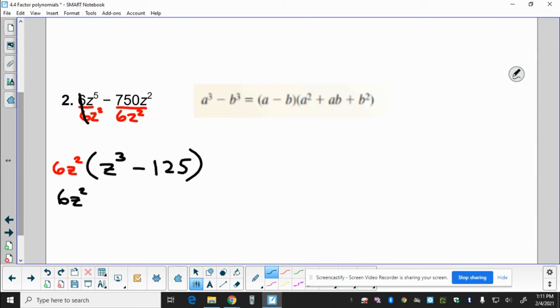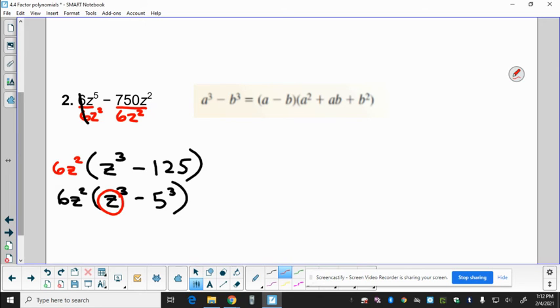That's got nothing to do with the factoring formula. But we have z cubed minus, now what is the cubed root of 125? What number multiplied by itself 3 times would give you 125? It would be 5. So let's make this clear in this situation.